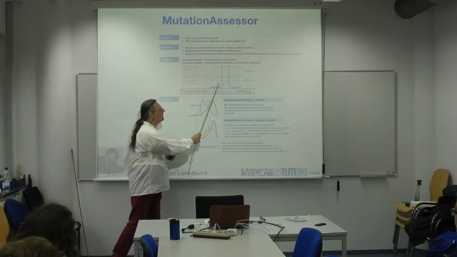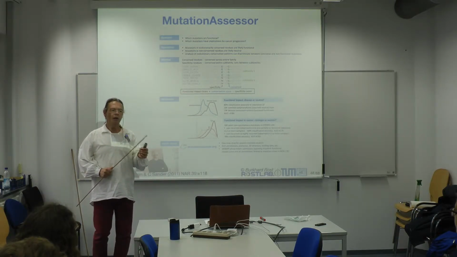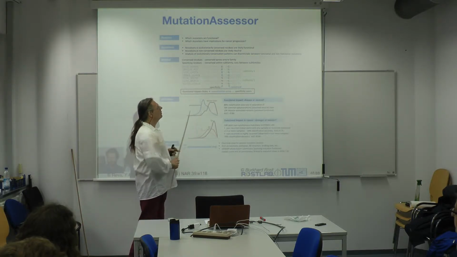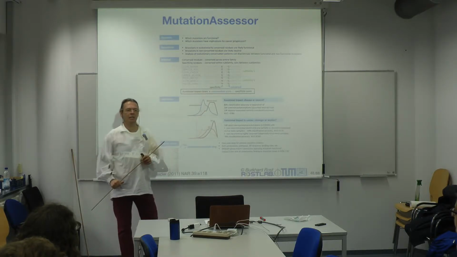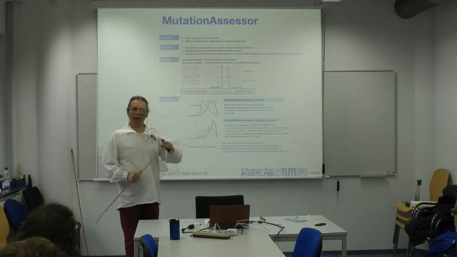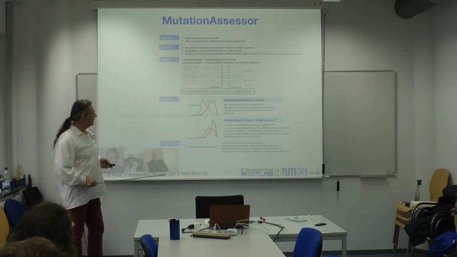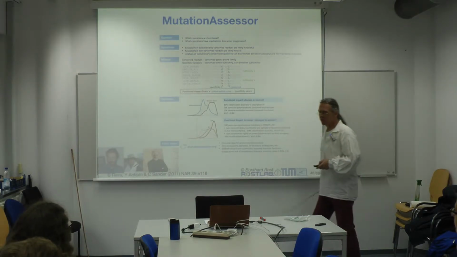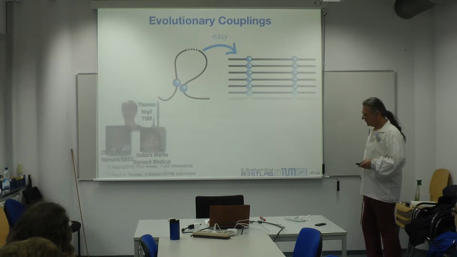Because this, in fact, is a specificity determining residue that determines how you react to certain things. It's not the binding site, but how you react to something. And this, in fact, means that if you change that in the sequence that you have, this will have a strong effect. Okay, that's the philosophy underneath. MutationAssessor is available as a method as a web server.